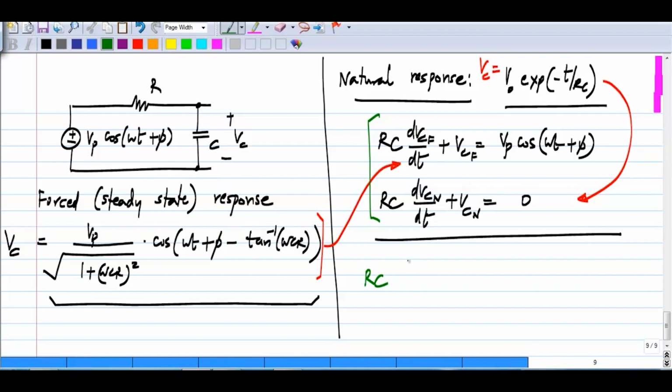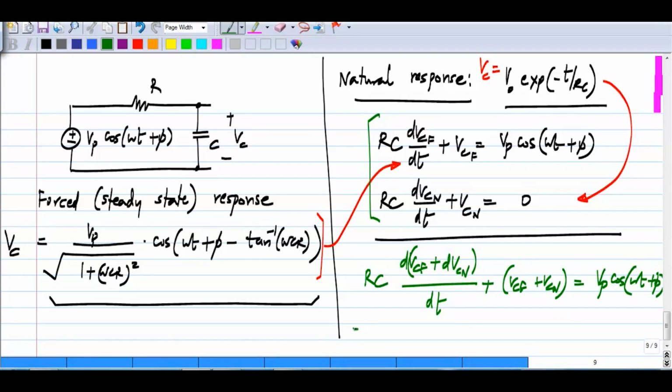We have RC d(Vcf plus Vcn) by dt plus (Vcf plus Vcn) equals Vp cos(omega t plus phi). So obviously this forced response Vcf plus this natural response Vcn will also satisfy the original differential equation.